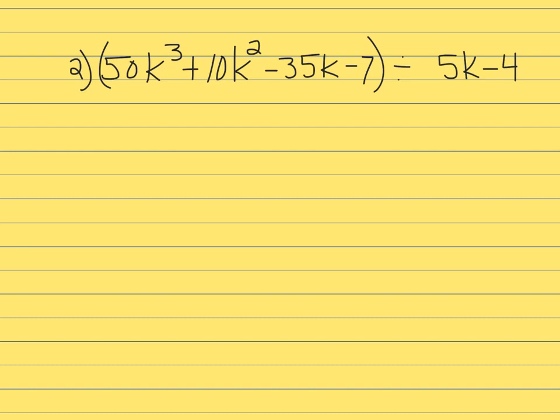So I have k to the third, k to the second, k to the first, and k to the 0 in standard form. And here, this is in standard form also. So I'm just going to write it.